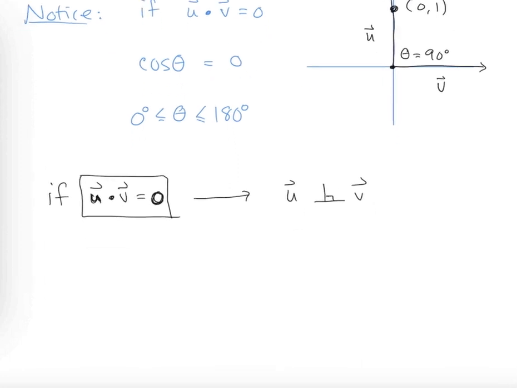Now, another thing to notice is that if we do follow through with the calculation, trying to find the angle between the two vectors, and we get that the angle is either 0 degrees or 180 degrees, that is an indicator that u and v are what we call parallel to each other.